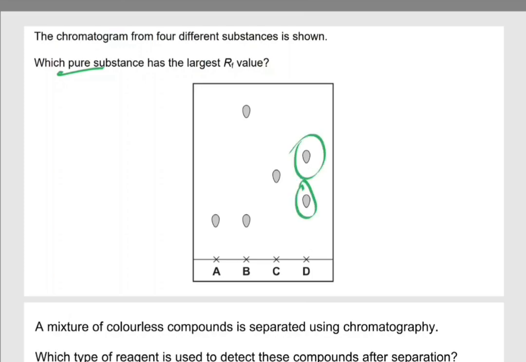Look at this one. This has 2 dots, so that's not pure. And B has 2 spots. That's also not pure. So we have 2 pure substances, which are A and C. If you compare A and C, clearly C has traveled a longer distance, so it has the largest RF value.